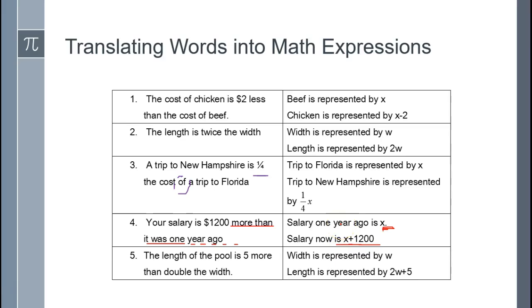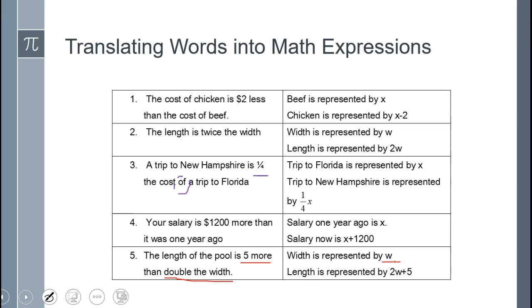Okay, and then the next one, this comes up in some geometry applications. The length of the pool is 5 more than double the width. Width is represented by W because if you knew the width, you could find the length from this sentence.